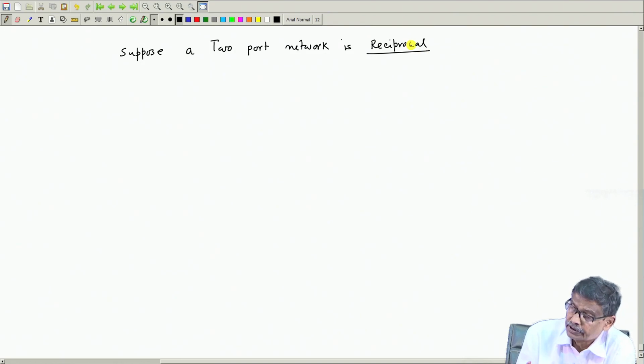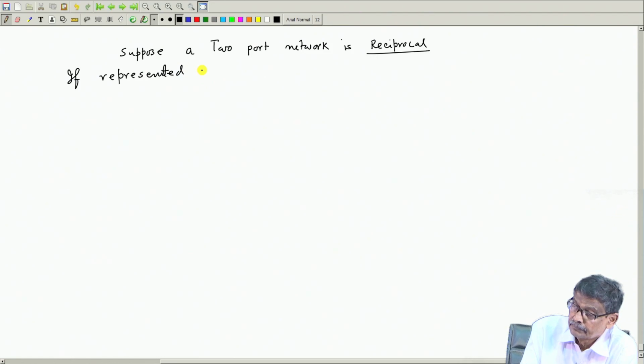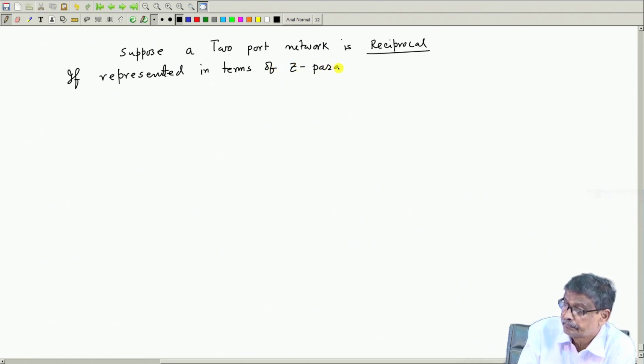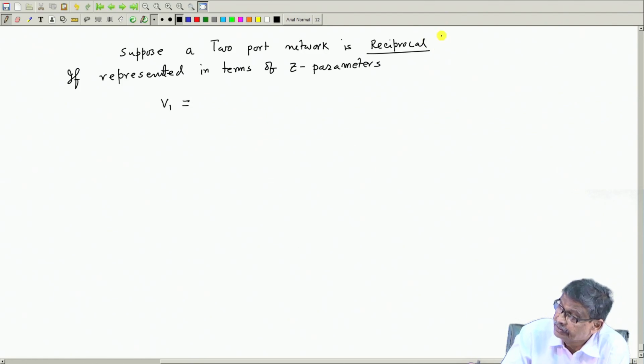We know what it means. Therefore, if represented in terms of Z parameters, then these equations are true. So, reciprocal, so I know that Z12 is equal to Z21.